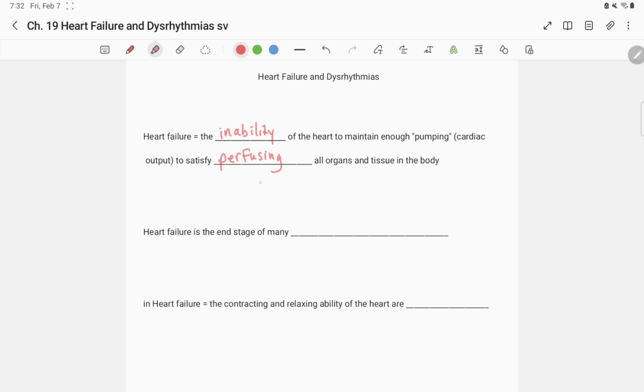Okay, so that means the heart has to squeeze with enough pressure to push blood into the organs and tissue in the body. So heart failure is the end stage of many cardiac diseases.